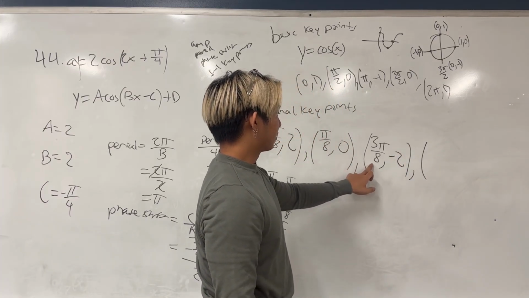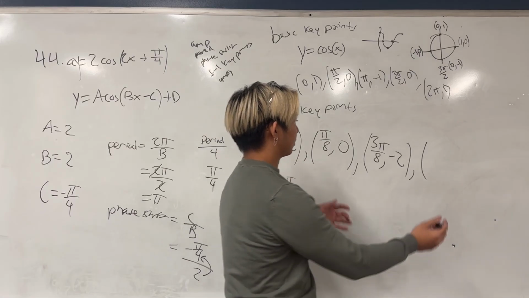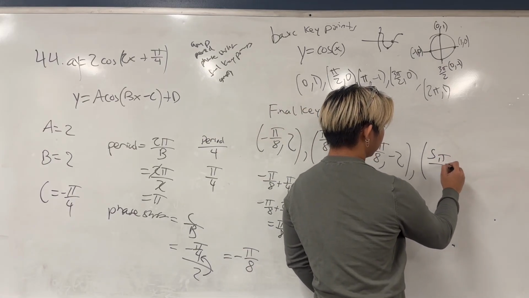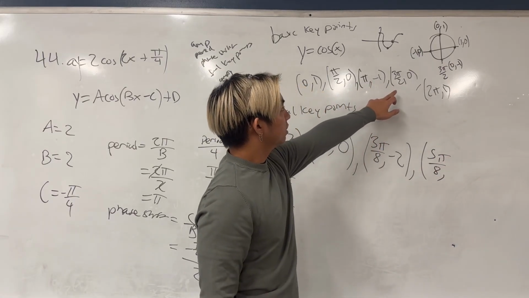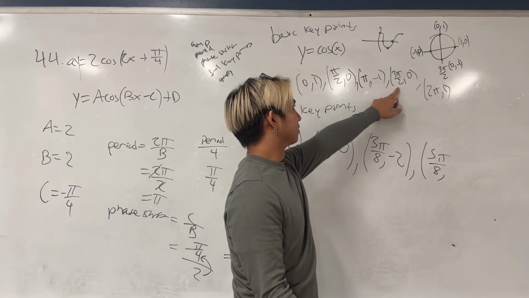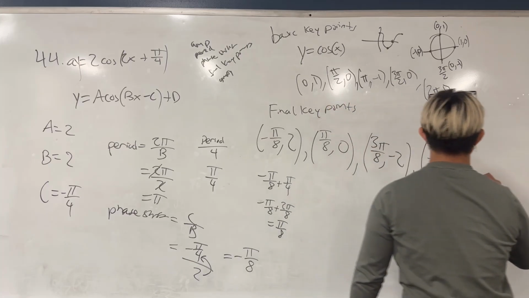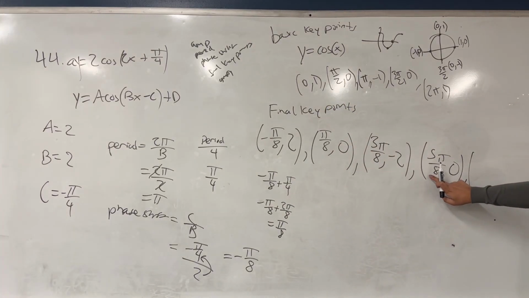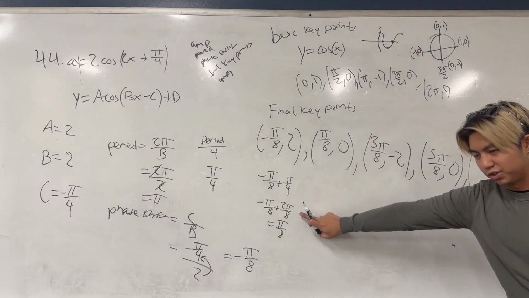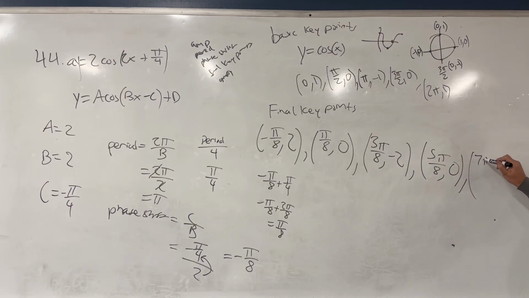Okay, and then 3 pi over 8 plus 2 pi over 8, 5 pi over 8. 5 pi over 8, go up to here, we have 3 pi over 2, comma 0. 0 times 2, 0. And then our final key point is 5 pi over 8 plus 2 pi over 8. 7 pi over 8, comma, 2 pi, comma 1, 1 times 2, 2.